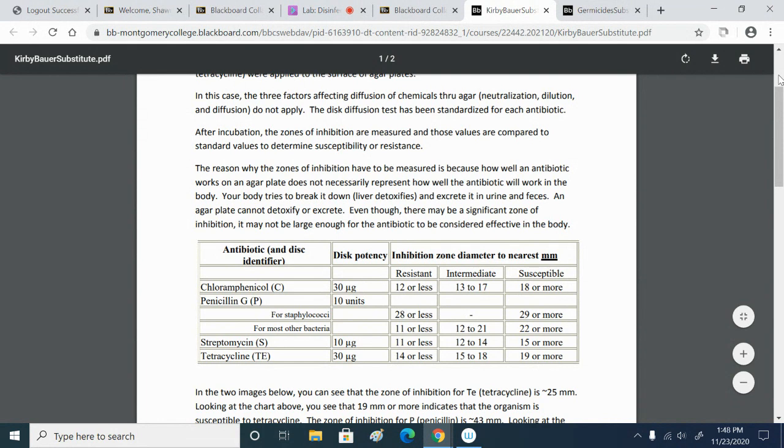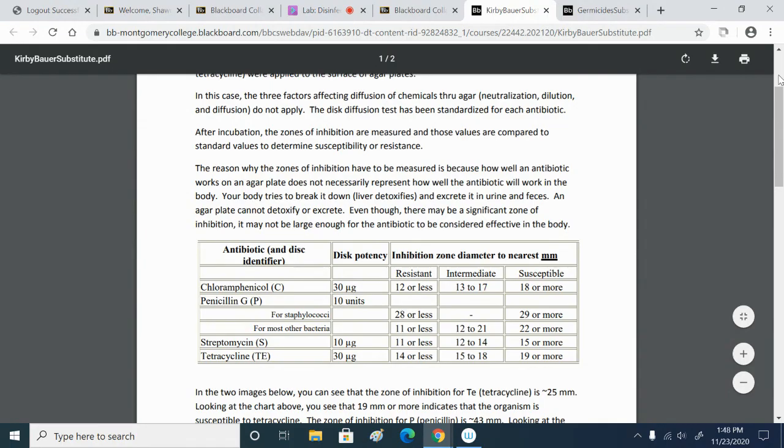And then you would have come up to the front desk to use our antibiotic dispensers. They're kind of like plungers where you push down and it deposits the discs onto the agar plates. And the discs are labeled P, S, and TE. P stands for penicillin, S for streptomycin, and TE for tetracycline.